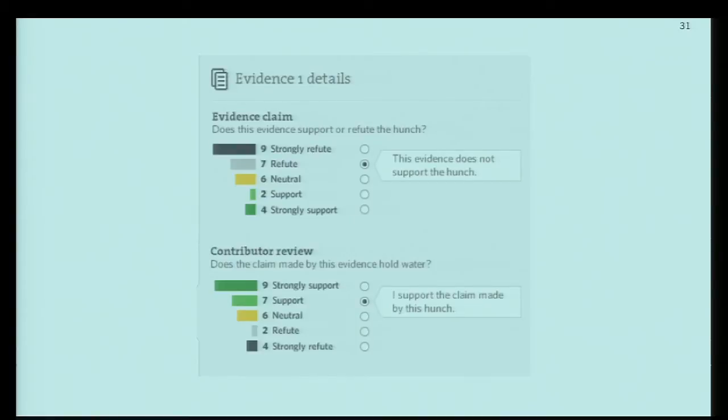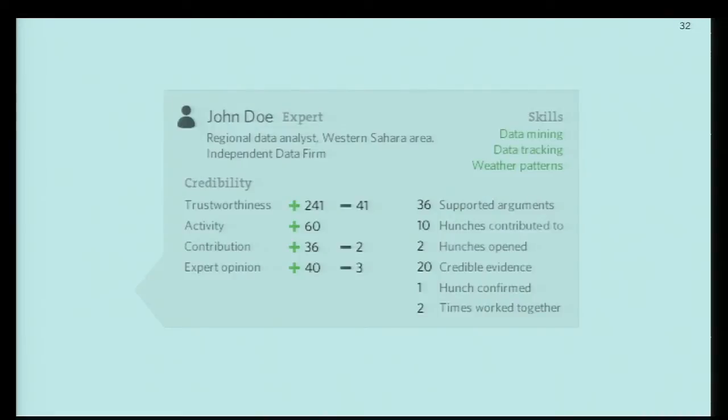It's almost as important, or maybe even more important, to know why someone thinks a piece of evidence or a hypothesis is valuable as it is just to know whether they think it's good or bad. Being able to understand who's part of the conversation, their expertise in the space, and what relevant skills they have is also an important way of determining the value of the conversation.